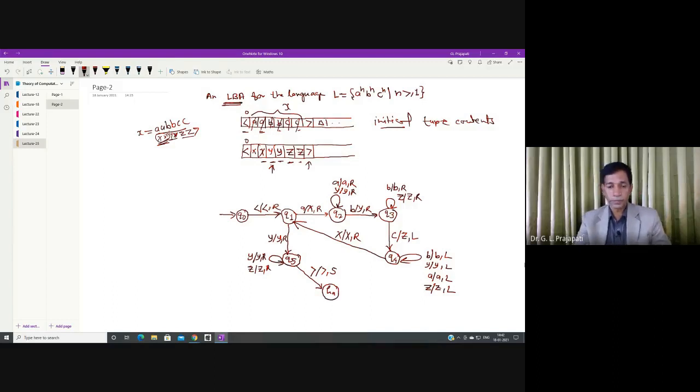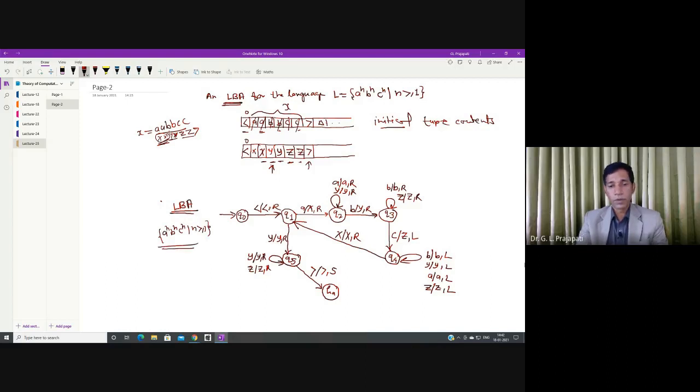So see, this is an LBA. This is an LBA for the language a^n b^n c^n, where n is greater than or equal to 1.